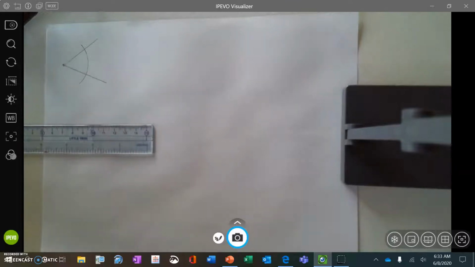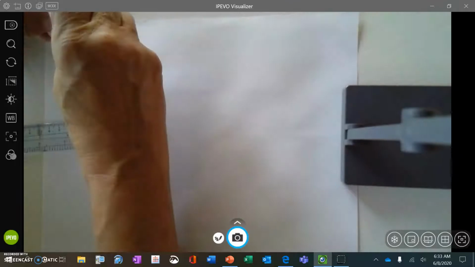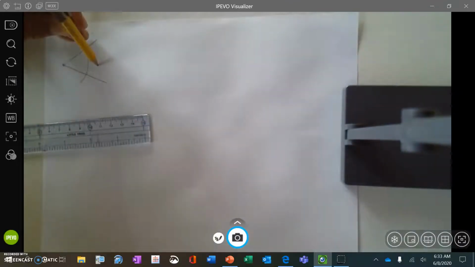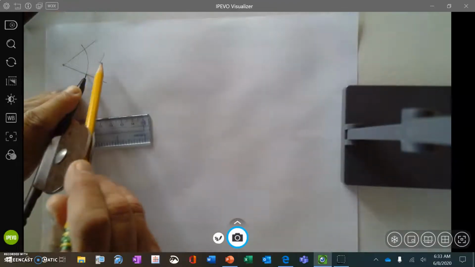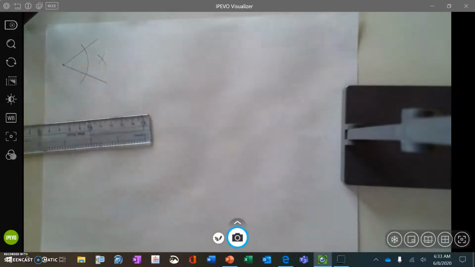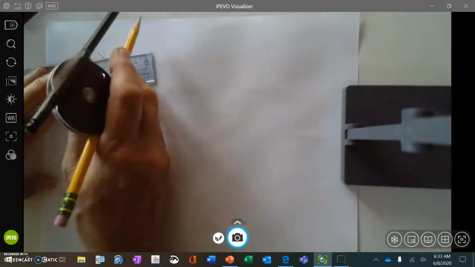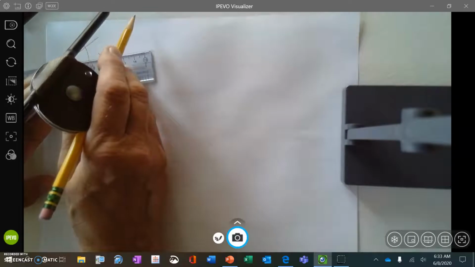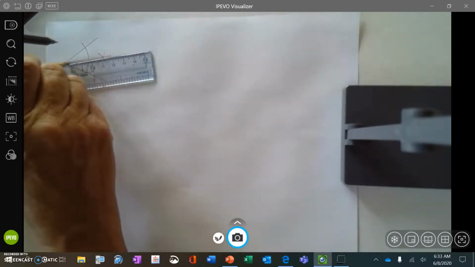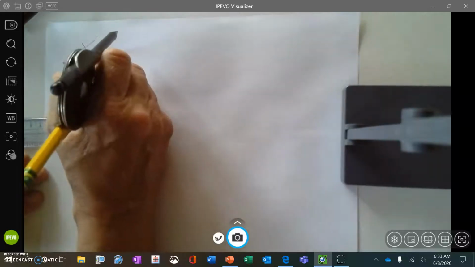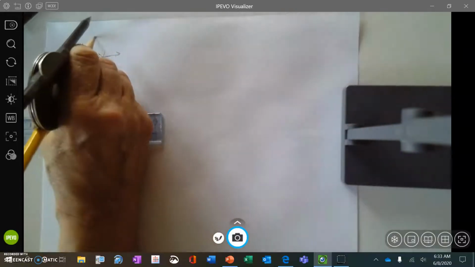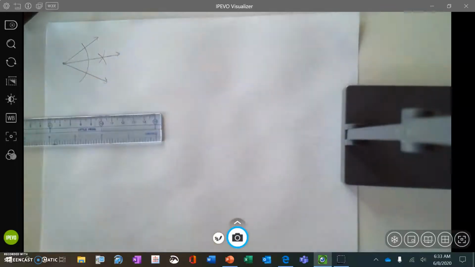Now with the same opening or a different one, doesn't matter, stab in at one of those intersection spots and make an arc inside of the angle. With the same opening, don't change the opening, stab in at the other intersection spot and make another arc. Where those 2 arcs come together, that intersection point and the vertex are just connected, and there's a ray, and so now I have an angle bisector.